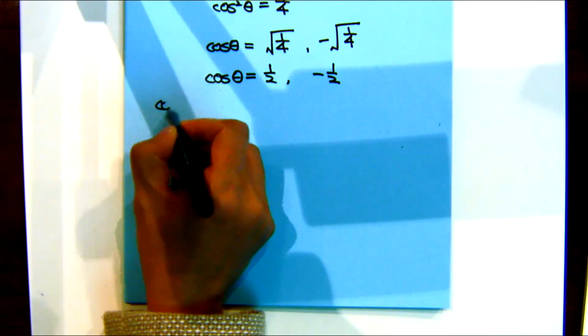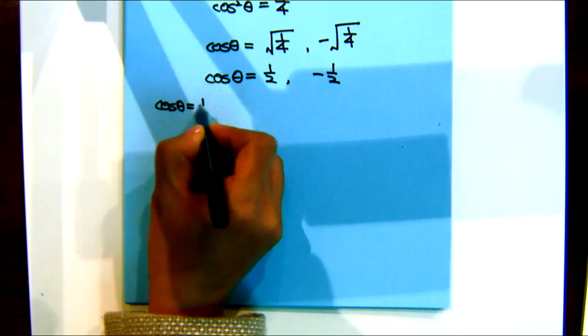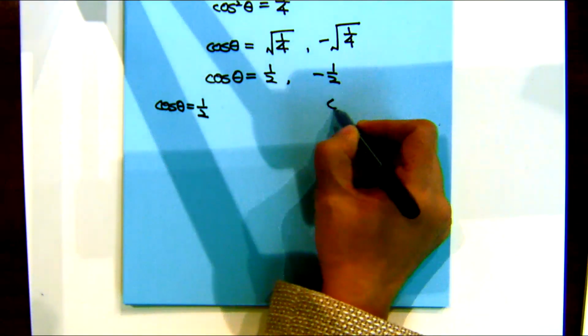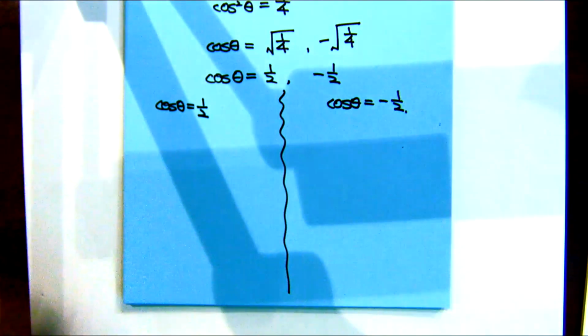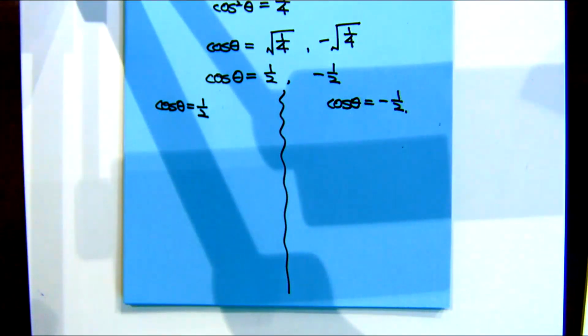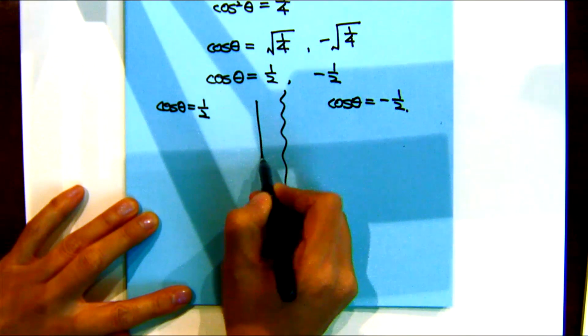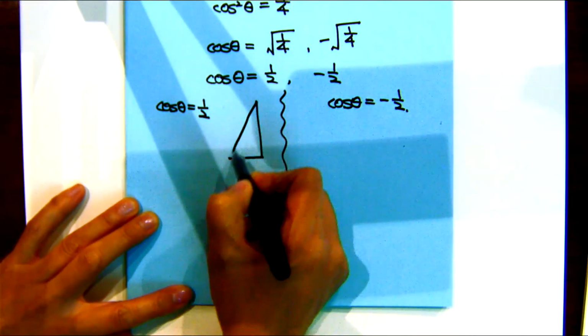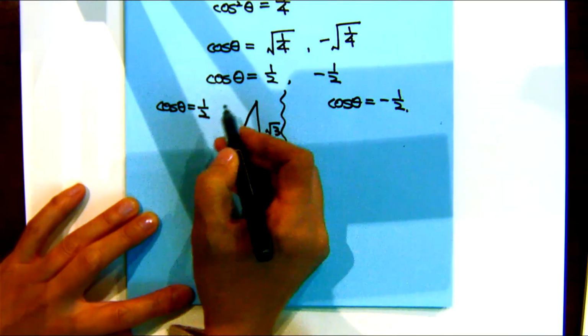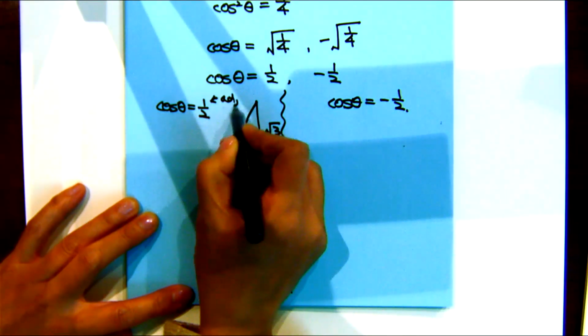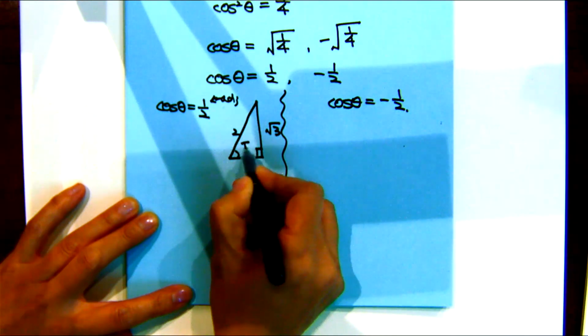Let's work on cosine of theta equals 1 over 2, and the other one is cosine of theta equals negative 1 over 2. Again, this is not maximum, minimum, or 0, so we will relate that with the reference triangle. So 1 is adjacent to pi over 3.